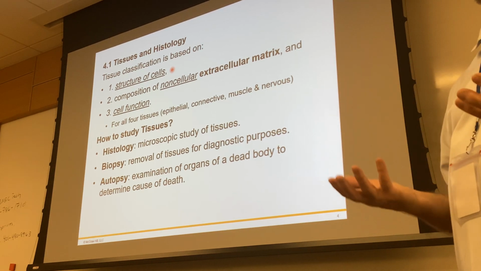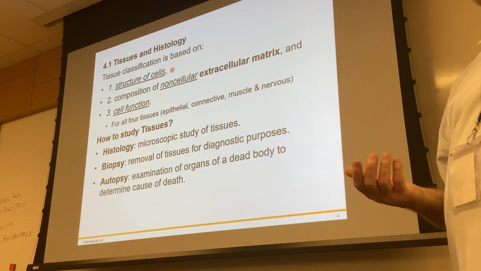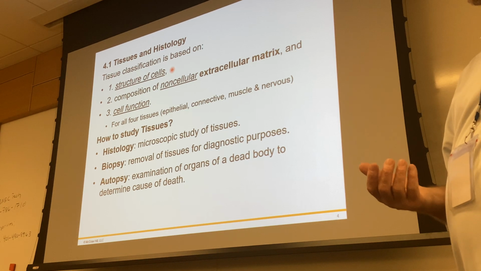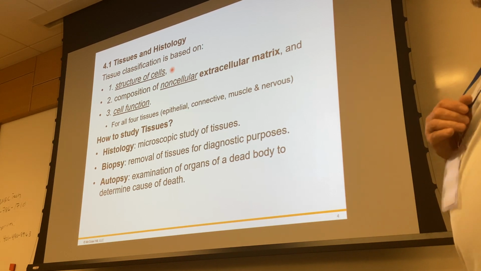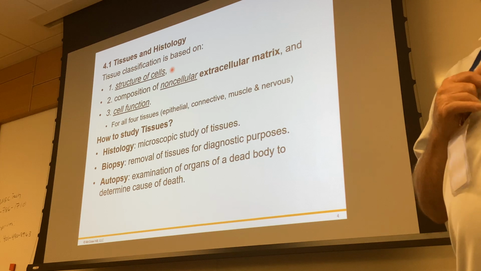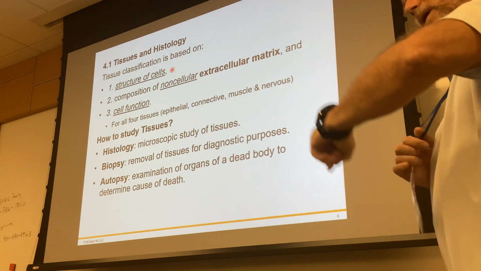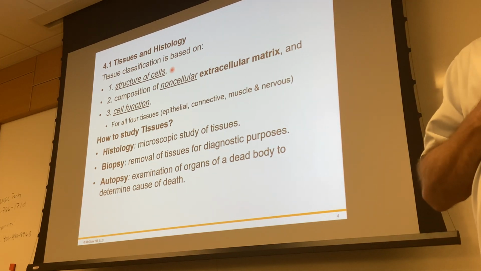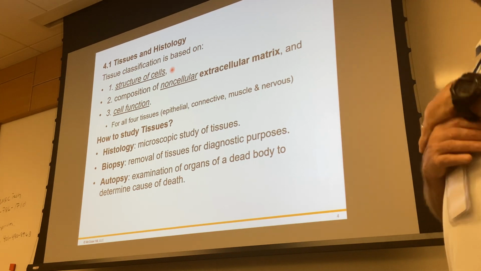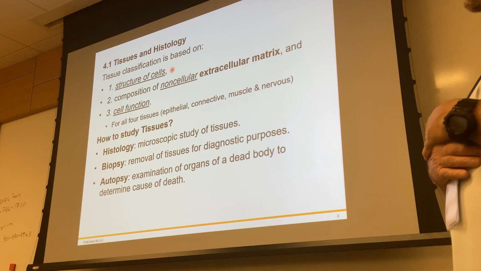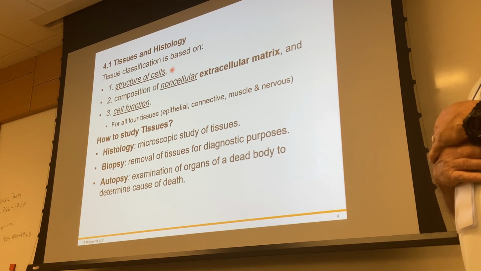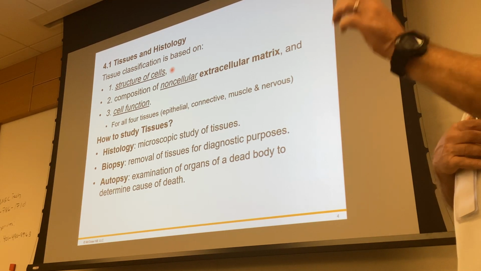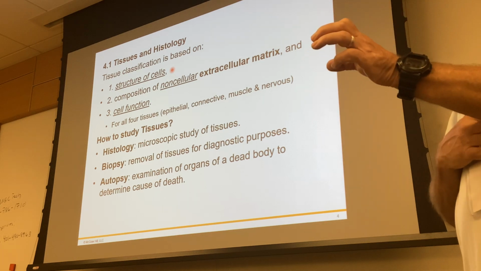What the heck does that mean? There's stuff outside of the cells that's made by the cells, that is either in the lumen or elsewhere or internally. So hair would be one example of non-cellular extracellular matrix. Extracellular, what does extracellular mean? Outside of the cells.